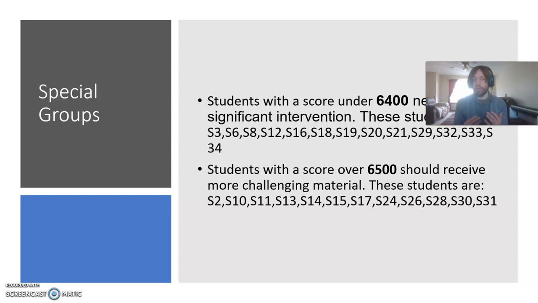Students that are under the score of 6,400 need significant intervention. These students are 3, 6, 8, 12, 16, 18, 19, 20, 21, 29, 32, 33, and 34.